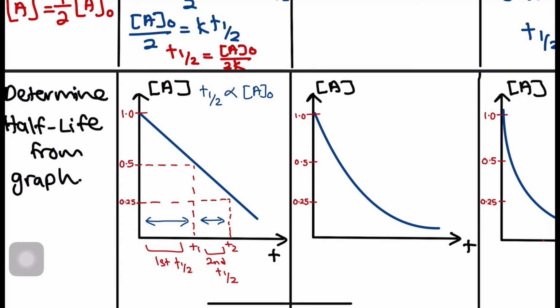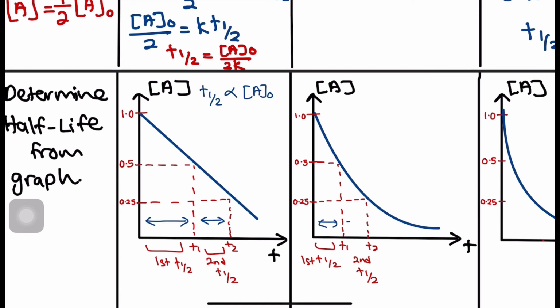Next, let's go on to the first order reaction. Decreasing the concentration of 1.0 to 0.5 would give us the first half-life, and decreasing the concentration from 0.5 to 0.25 would give us the second half-life. Here you can see that the half-life is constant.